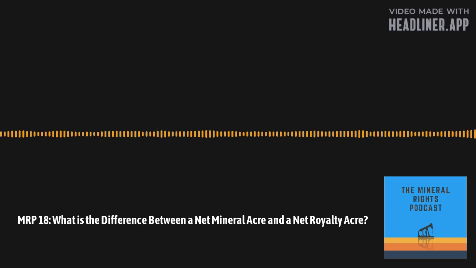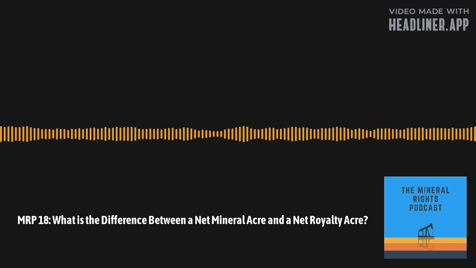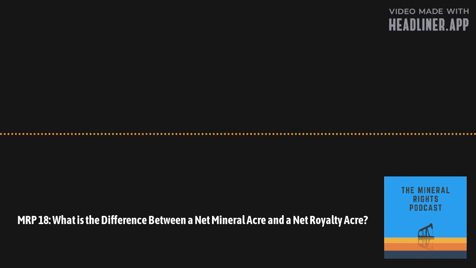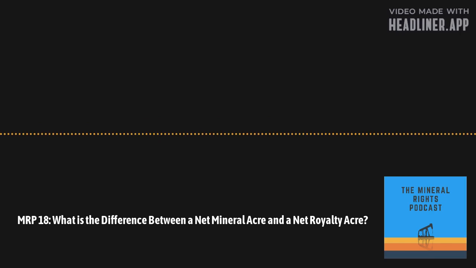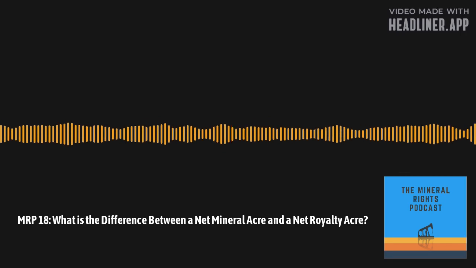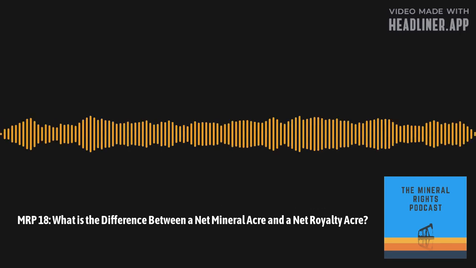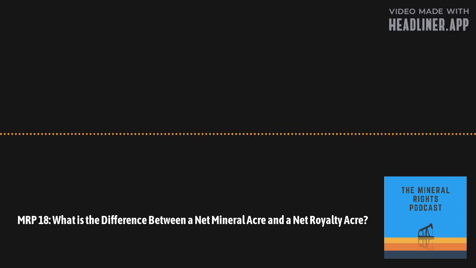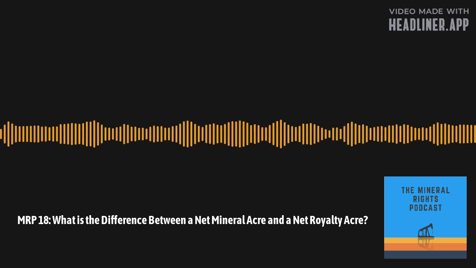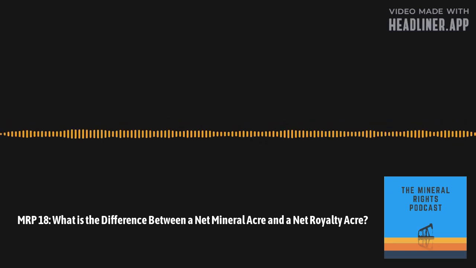So here's a quick rundown on how to convert your number of net mineral acres to number of net royalty acres. It's really easy. First of all, like I mentioned, you have to know your number of net mineral acres and your royalty rate. Once you have that information, simply divide your royalty decimal by 1/8 and then multiply that number by your number of net mineral acres to get your net royalty acres.